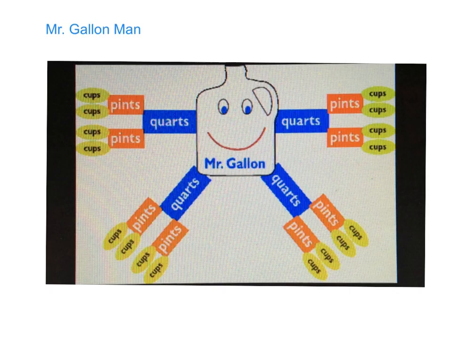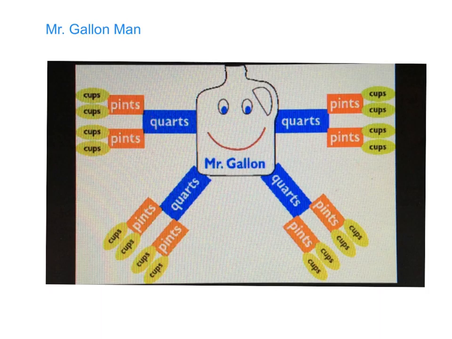Now, Mr. Gallon has 2 arms and 2 legs, and each one is a quart. So how many quarts are there in 1 gallon? 4. So go ahead and draw the 4 quarts in Mr. Gallon. Then Mr. Gallon Man's kind of an interesting one. He's not a person, because you'll see that for each quart, he has 2 hands, and each hand is a pint.